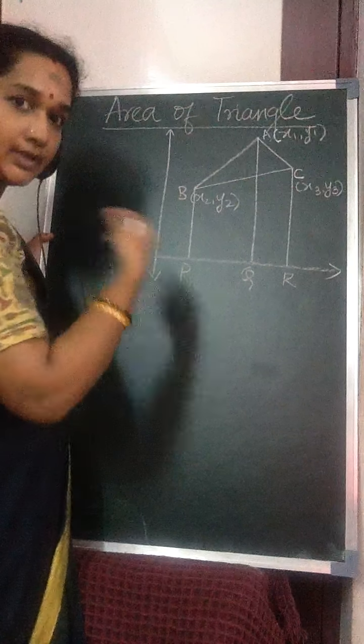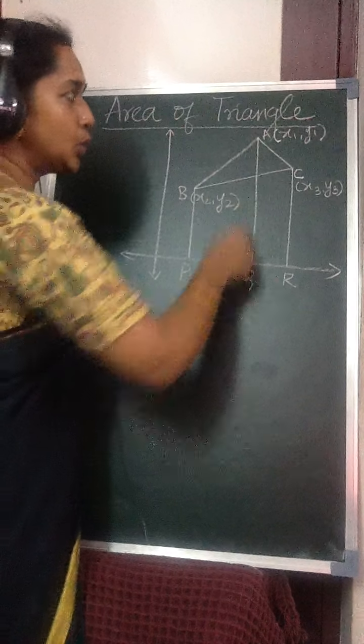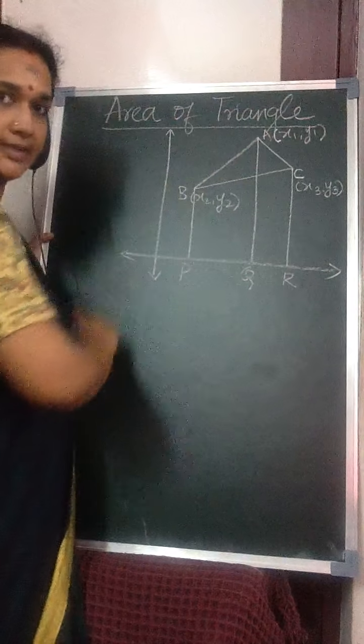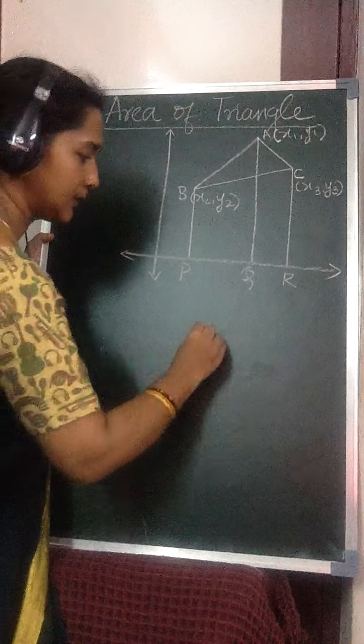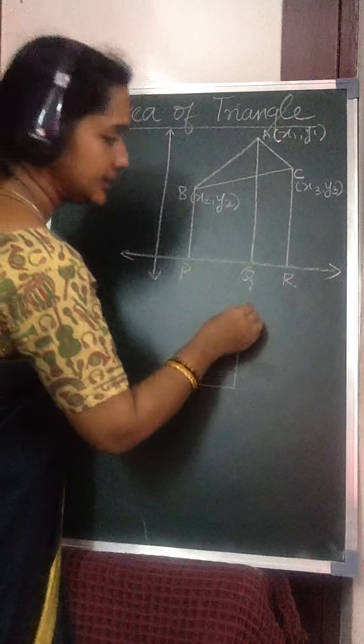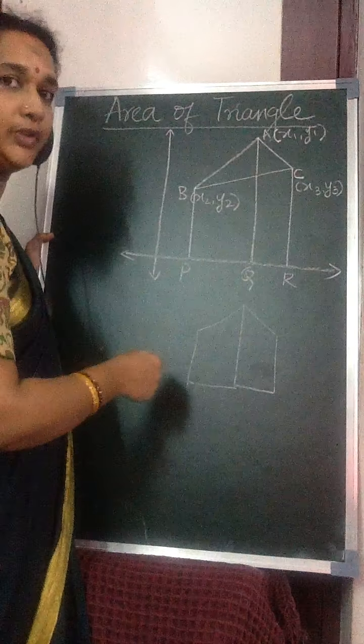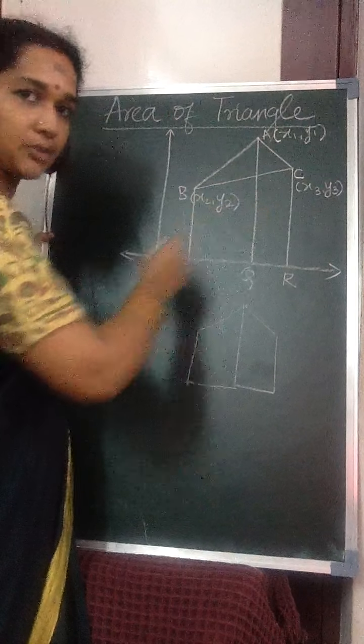I will repeat it once again. BPQA. This is one trapezium. Then this is another trapezium. Known to unknown we will go. That is, area of the trapezium we know.